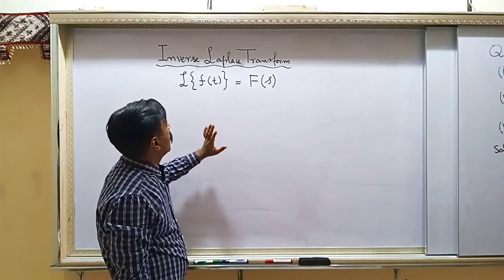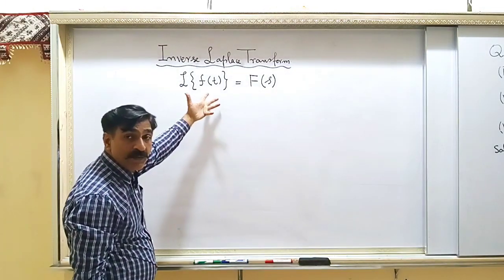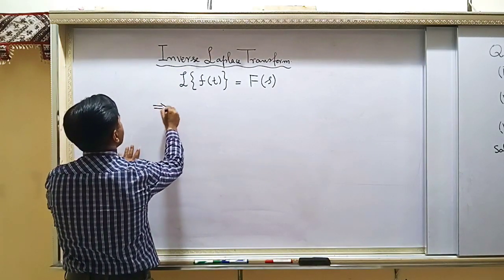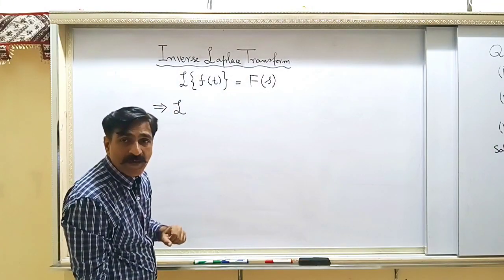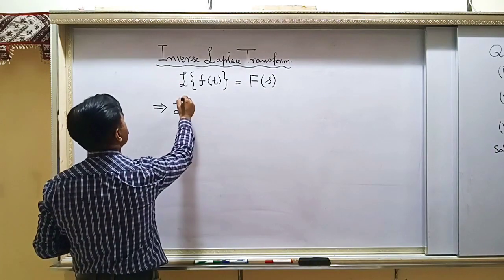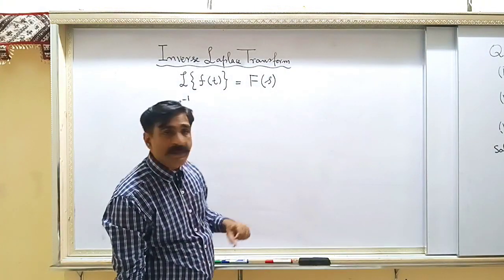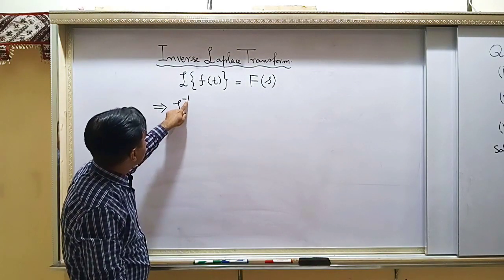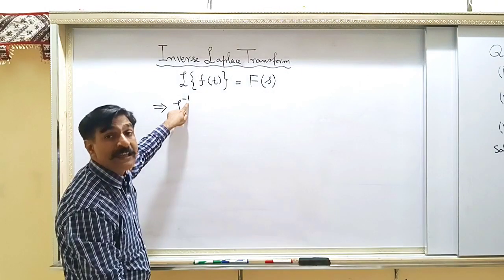Now, what do we need to do? We need to find its inverse. And how can we find it? Look, this is the same Laplace transform operator, but I am putting a -1 above it. This means inverse, so this will be read as the inverse Laplace transform operator. The sign -1 means inverse.